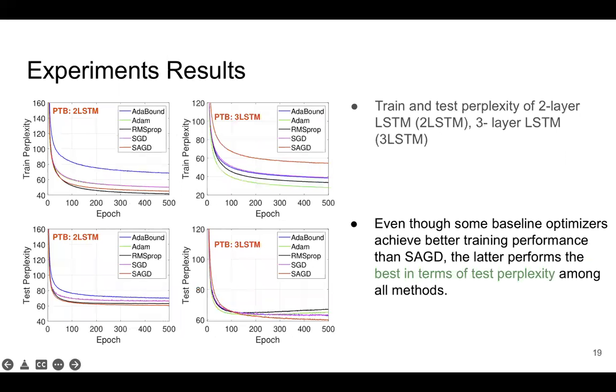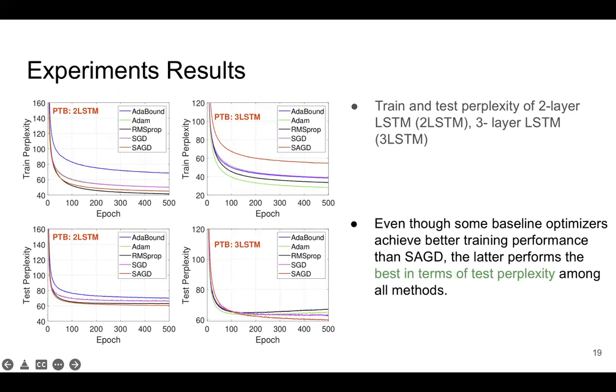Then this is an experiment over the language dataset. They include the test perplexity as the axis here. Perplexity is the performance measurement for language models, and smaller means better.